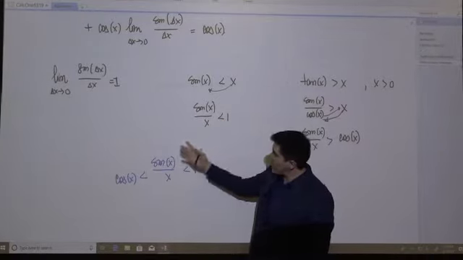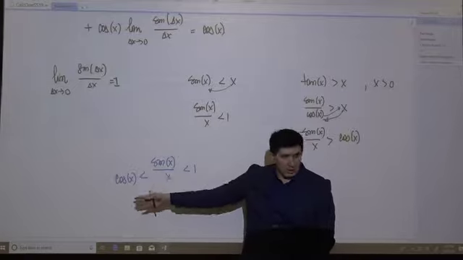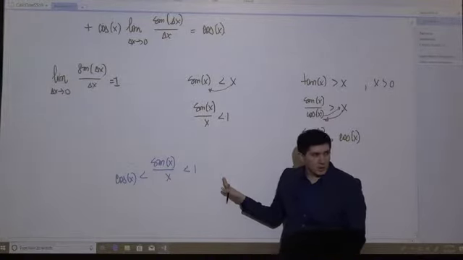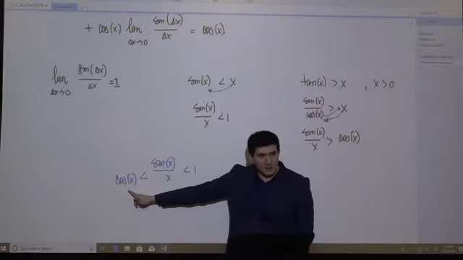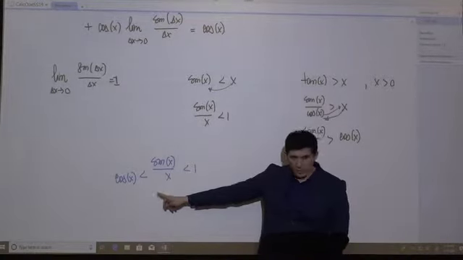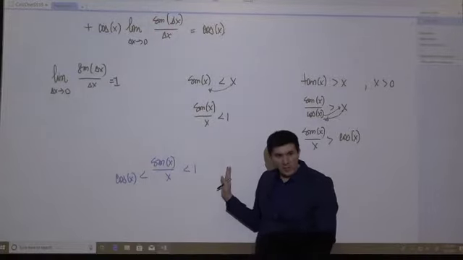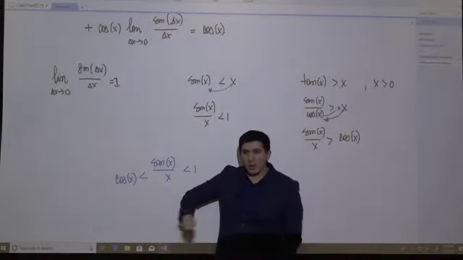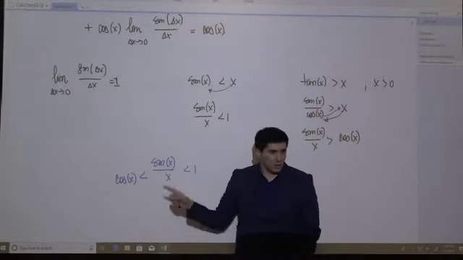So when I take the limit when x goes to 0, the limit of the three parts together, what will be the limit of cosine of x when x goes to 0? 1, right? So this part is also 1. Since the right-hand side and the left-hand side go to 1, then the middle also should go to 1.